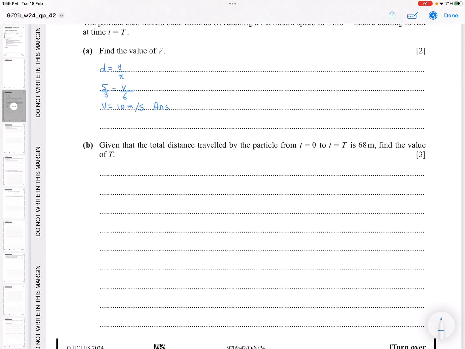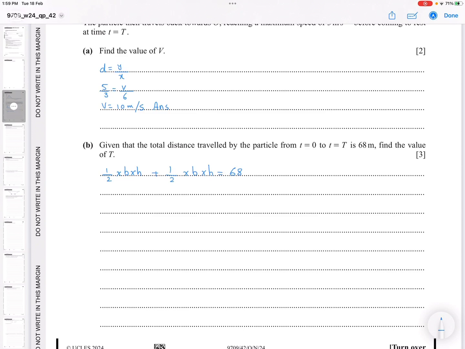So I use the first part, 1 over 2 into base into height, plus the second part, which is again a triangle, 1 over 2 into base into height, and this all is equal to 68 meters, which is given in the question.